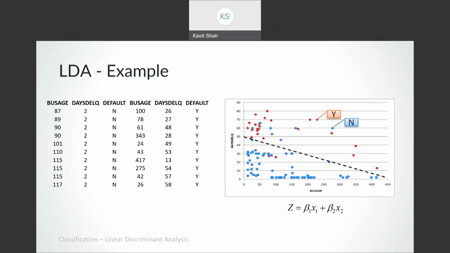They are separated by the delinquent days, that is day del Q, and the number of months in business, that is the busage. We would use LDA to find the linear model which would best separate these two classes, default and non-default. This is the data set sample which we are given, classified into no or yes for non-default and default.